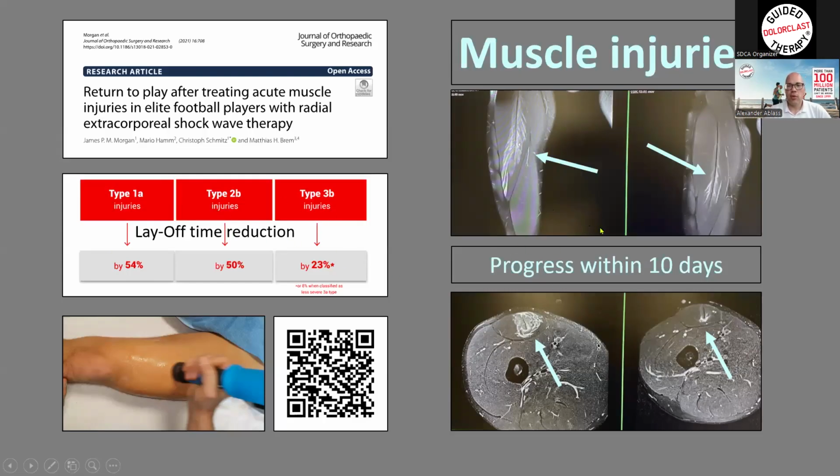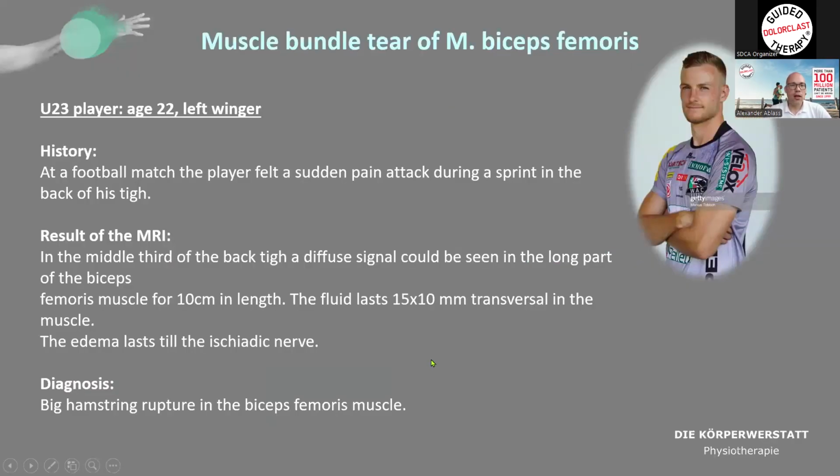This was one of my first league players, and you can see what is basically happening within 10 days using the shockwave device in the muscle tissue. This was one of my first muscle injuries. He's still playing, so that's why he's still in the lecture. Everybody knows how these injuries happen. A sudden pain attack during a sprint, for example.